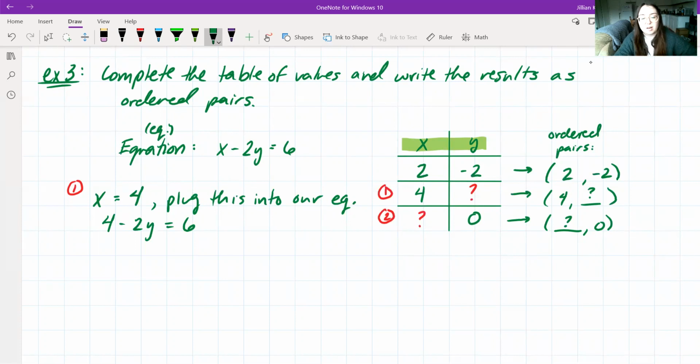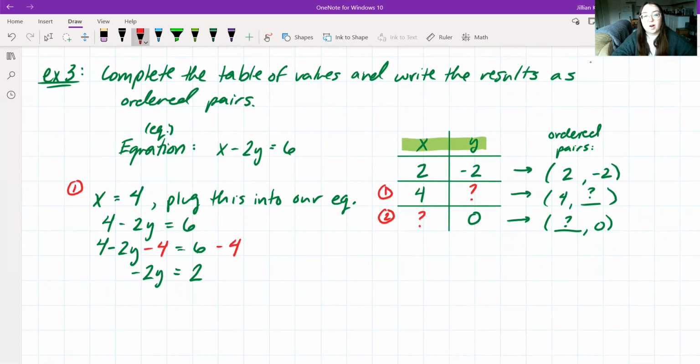So we want to get rid of the 4 on both sides so we can isolate our y terms. So we're going to have 4 minus 2y minus 4 is equal to 6 minus 4. So our 4's will cancel out on our left-hand side and leave us with negative 2y is equal to 6 minus 4, which is positive 2.